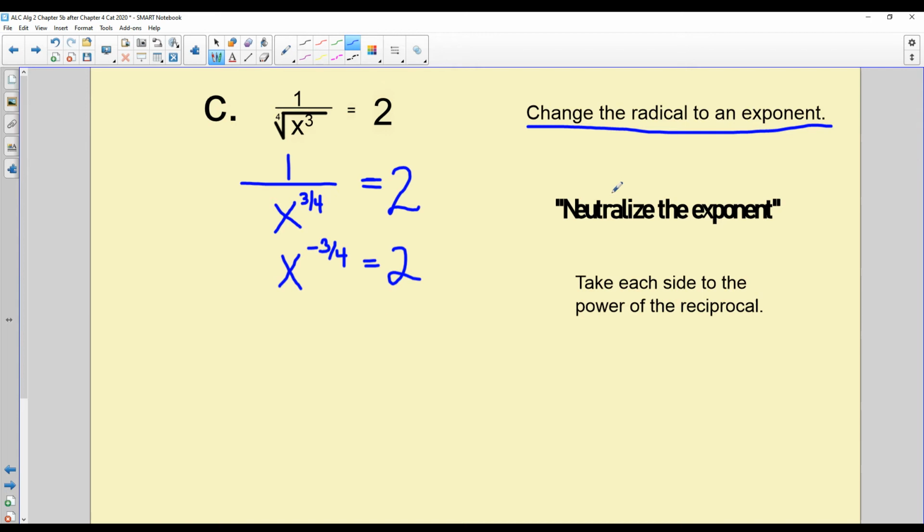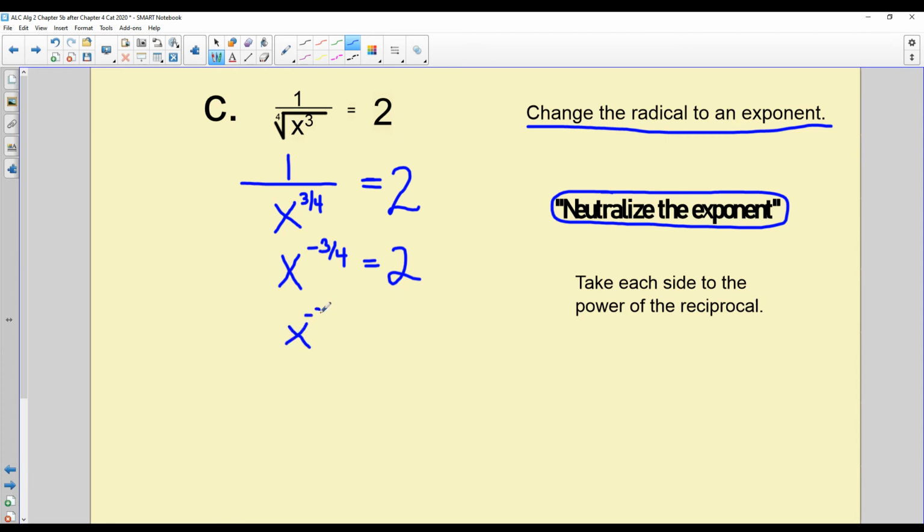All right, now we're ready to neutralize the exponent. What is the reciprocal of negative 3/4? Is it negative 4/3 or is it positive 4/3? The correct answer is that it is negative 4/3.